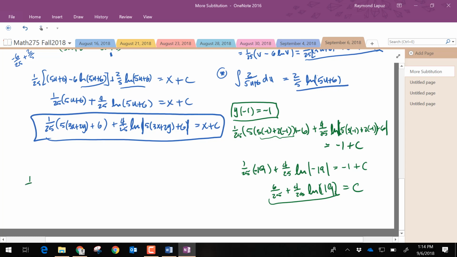So your final answer is 1 over 25, 5 times 3x plus 2y plus 6, plus 4 over 25 ln of 5, 3x plus 2y plus 6, is equal to x plus all this other stuff: 6/25 plus 4 over 25 ln of 19.